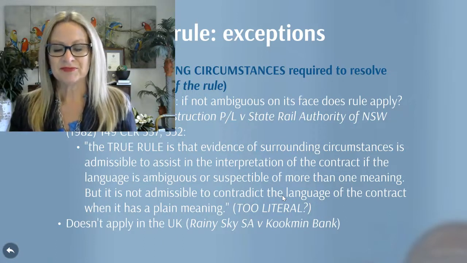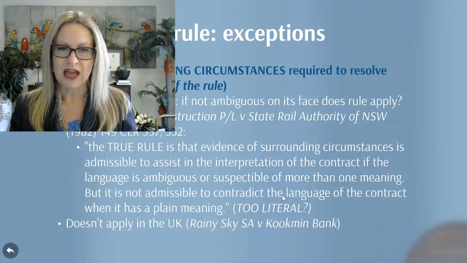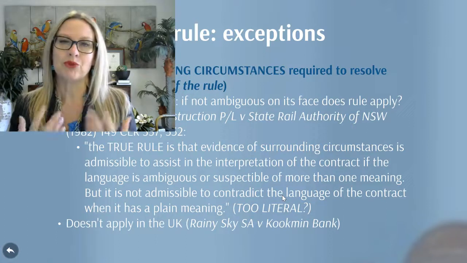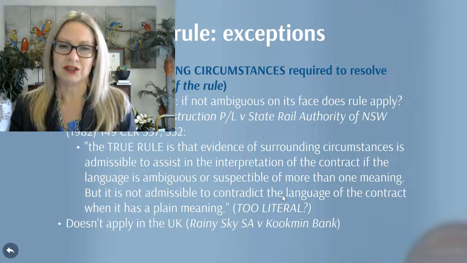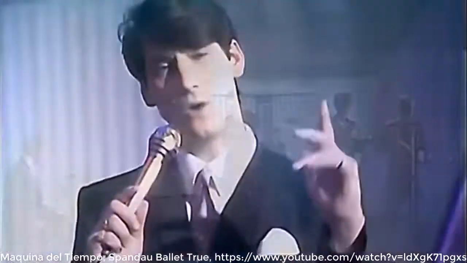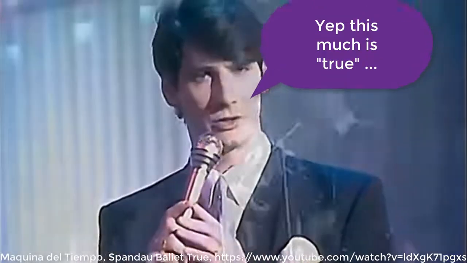So, does this mean that you are locked down to a very literal reading of the contract, and it's only where there's some problem with clarity from the face of the document that you can then get your extrinsic evidence in? I know this much is true.